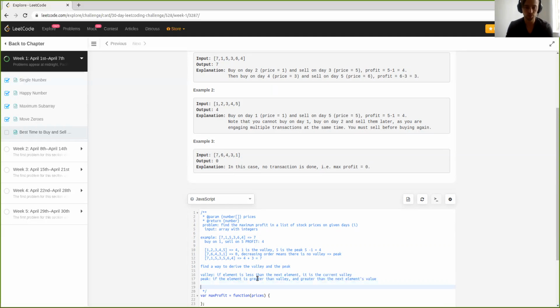So an example of this would be 3, 5, 6. 3 is the valley because it's less than 5. 5 does not qualify since 5 is less than the next. 6 is the peak since 6 is greater than 4, the next element.